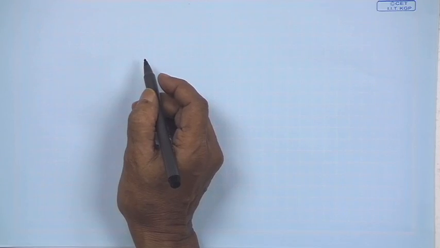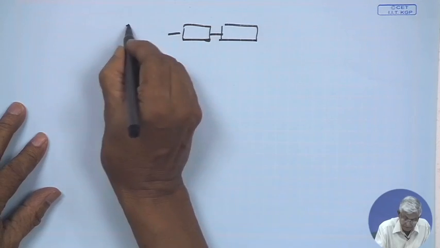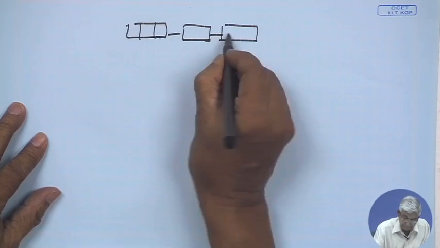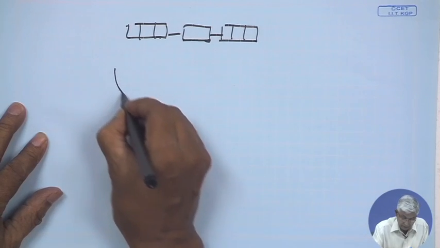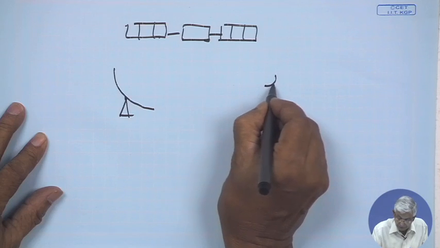Let us see some of the practical examples where it really happens. Let us put a satellite here. This is a solar panel, a bigger station and a smaller station.